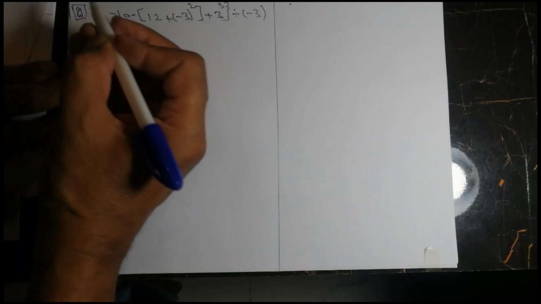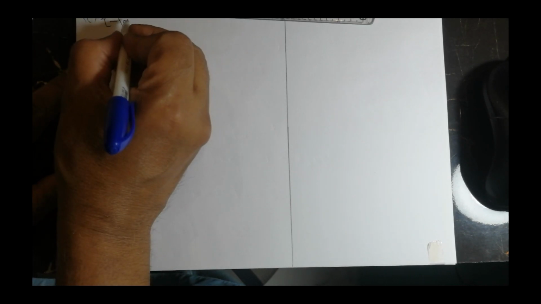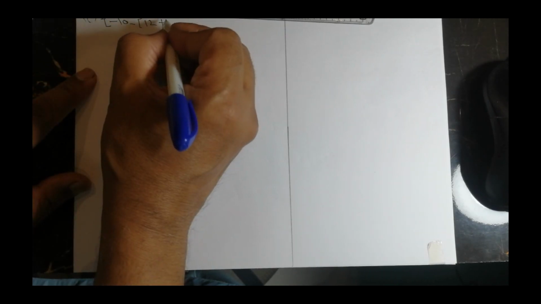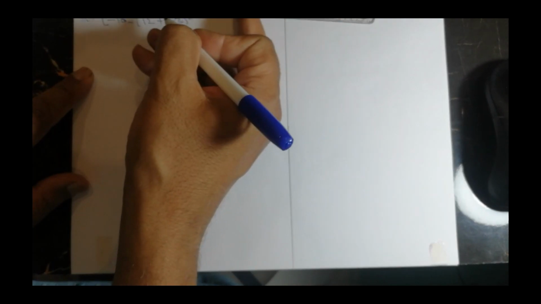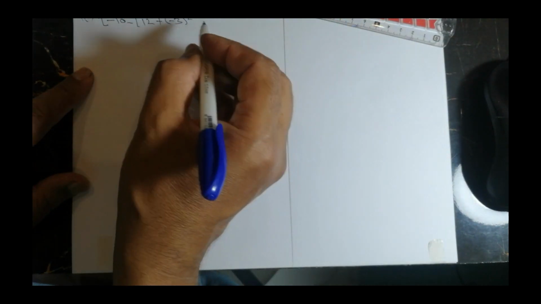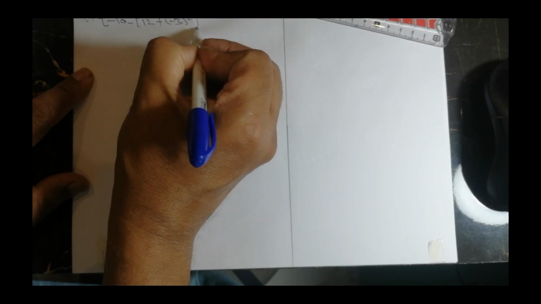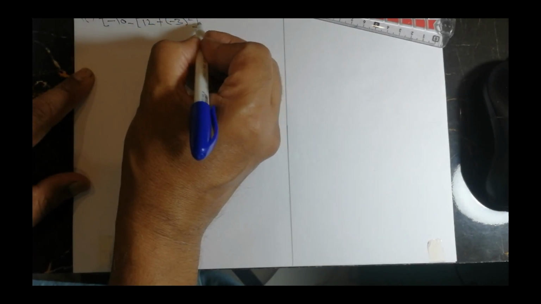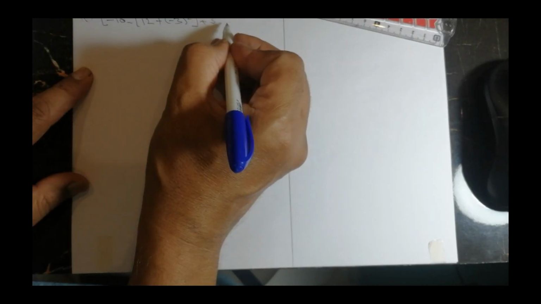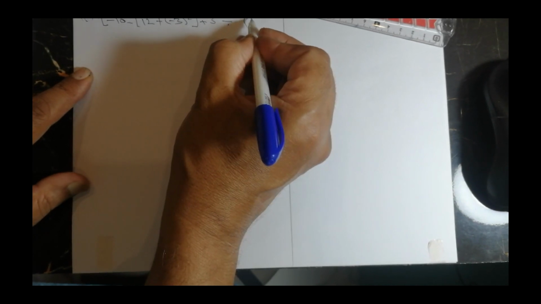So question part G is, curly braces minus 10 minus square bracket 12 plus minus 3 square, square bracket close, plus 3 cube, divided by minus 3.